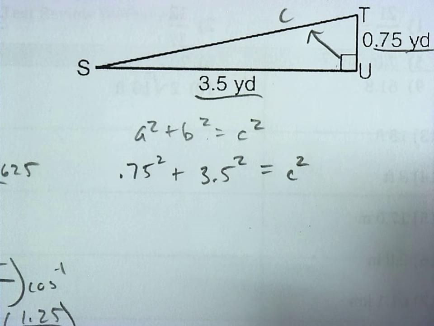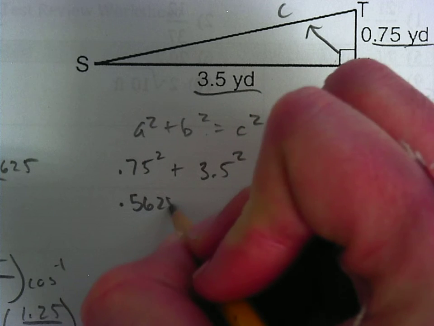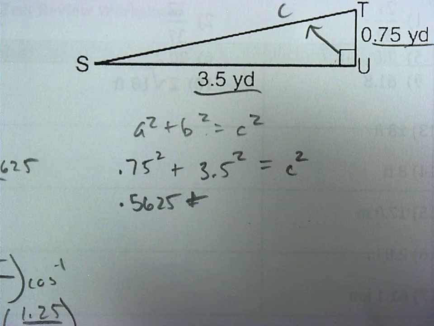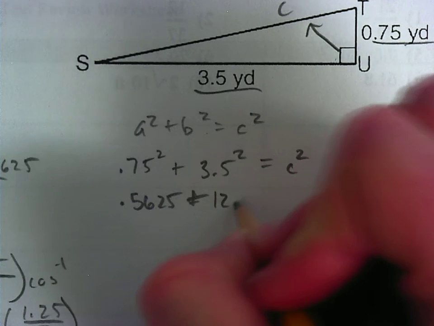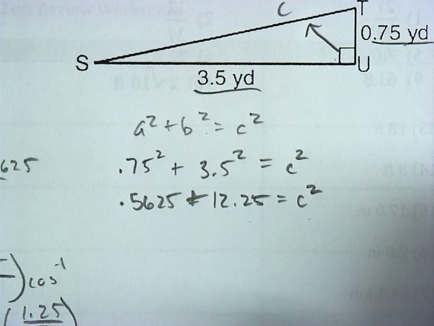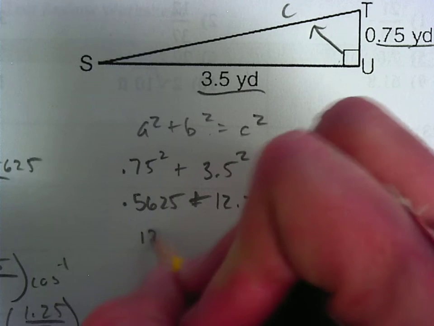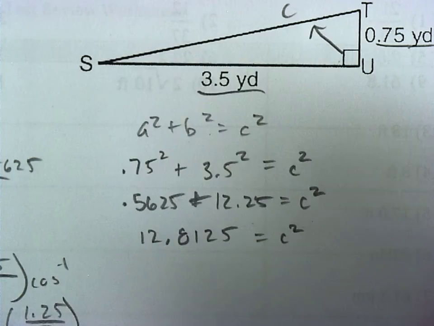Well, 0.75 squared is 0.5625, and 3.5 squared is 12.25, and that equals c squared. Then we're just going to add those together. We get 12.8125 equals c squared.